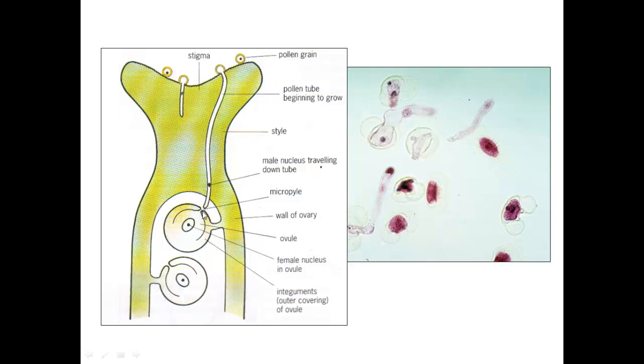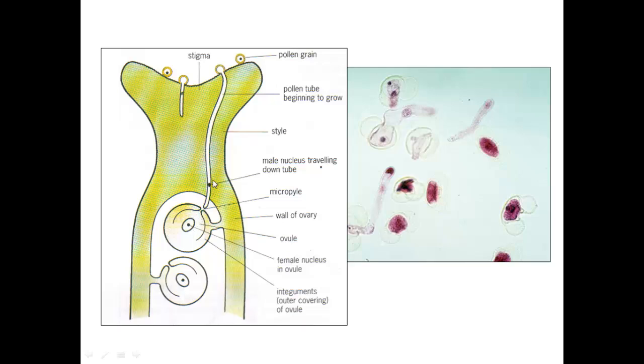The tube is also aiming for this small hole in the ovule. This small hole in the integument, the outer covering of the ovule, is called the micropyle. And it is through there that the tube will enter. And as it does, it will act as a delivery tube for this male nucleus.